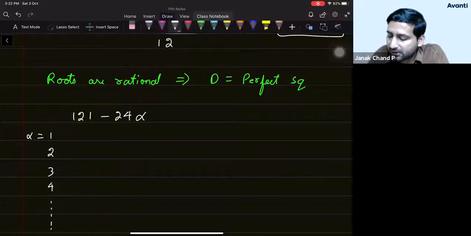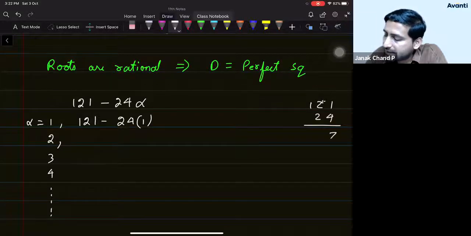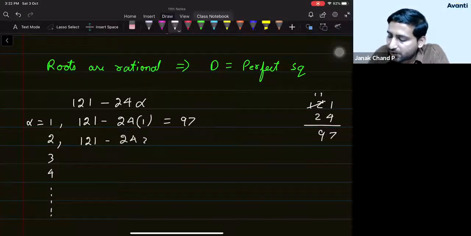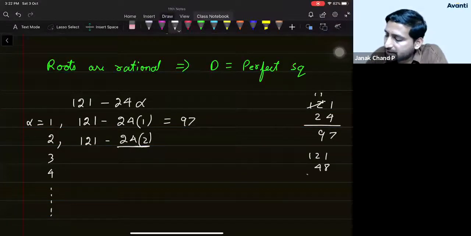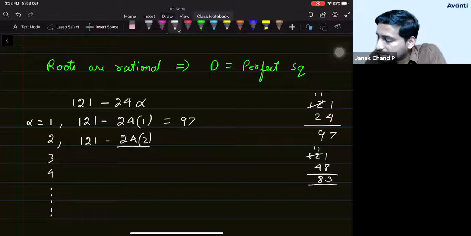If I put alpha equal to 1, I would get 121 minus 24 into 1. What will be the answer here? Just do it. You will get 97. Next, 121 minus 24 into 2. So this will be 48. 121 minus 48, I think I have made a mistake, just a minute.